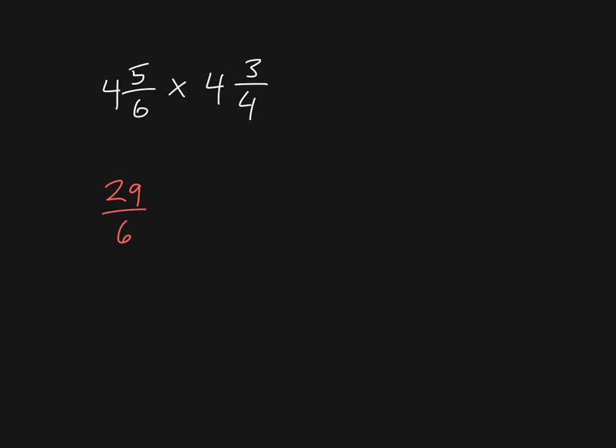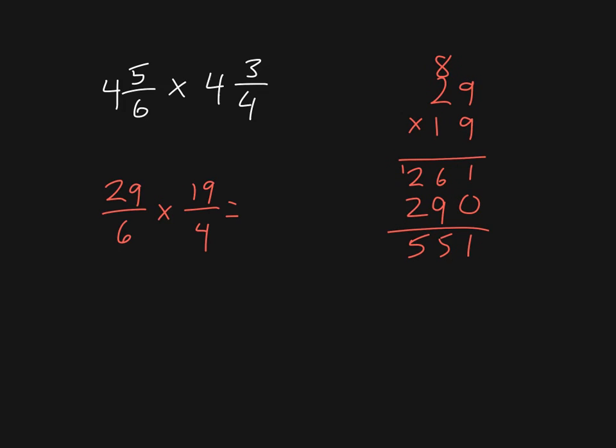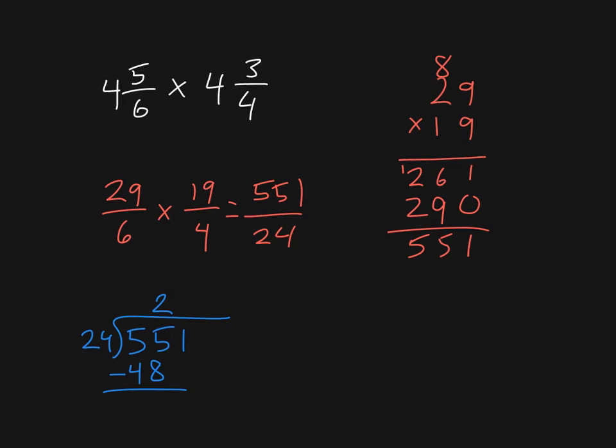So I know that 4 and 5/6 is 29/6, and we'll be multiplying that by 19/4. 29 times 19 is 551, so we have 551/24. So we will divide 551 divided by 24. First, 24 goes into 550 20 times. 24 goes into 71 2 times.